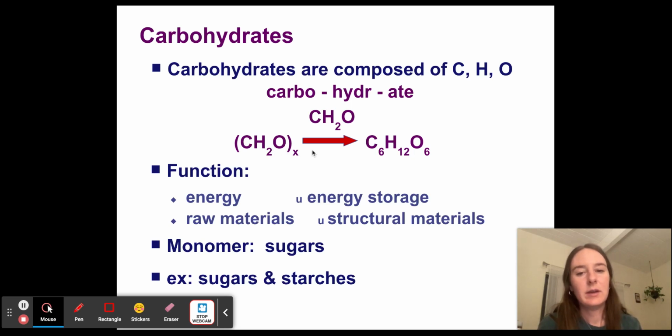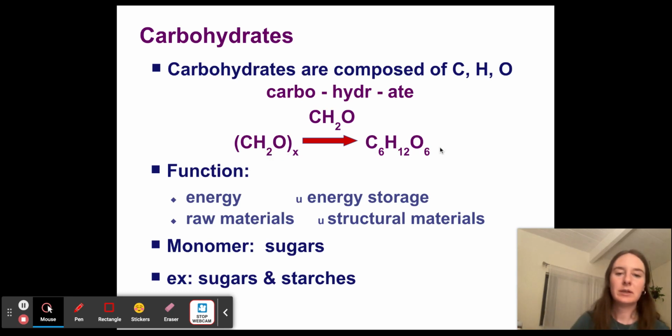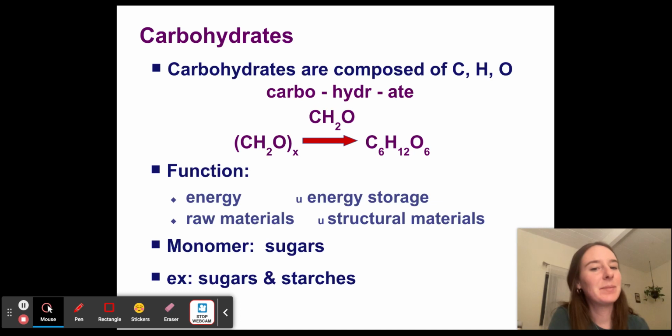And if you have a multiple of that, so let's say you multiply that by 6, then you would have 6 carbons, 12 hydrogens, 6 oxygens, C6H12O6. And so whenever you're talking about sugars, if you counted up all the carbons, hydrogens, and oxygens that make up that molecule, you would find that ratio.